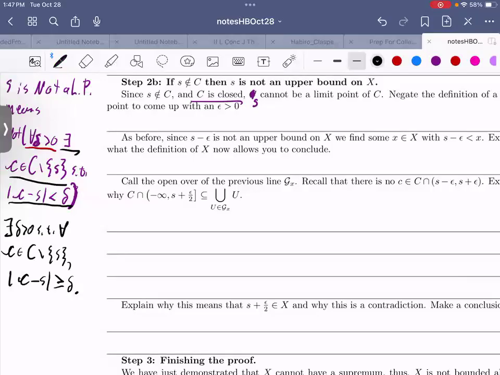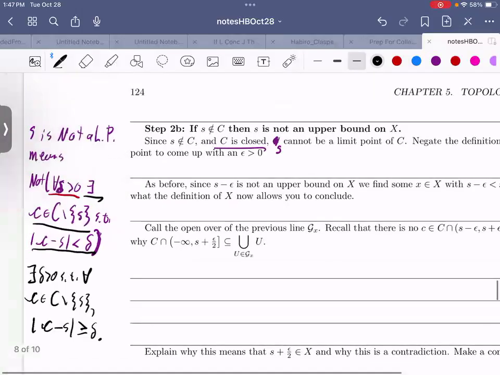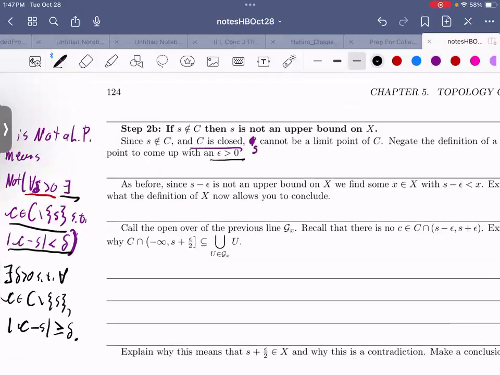All right, cool. Since S is not in C and C is closed, S cannot be a limit point. So, it says I want an epsilon, so in order to match up with the notes, I'll get an epsilon, even though this is a delta. It doesn't matter what you call it.